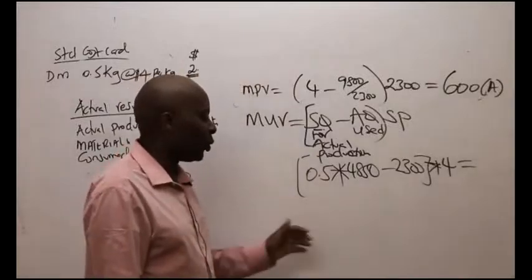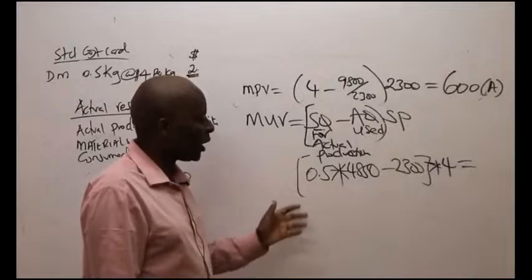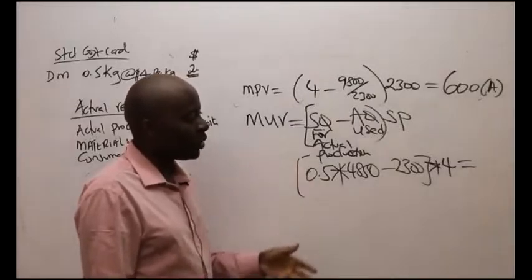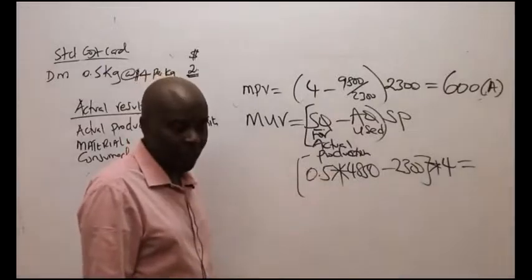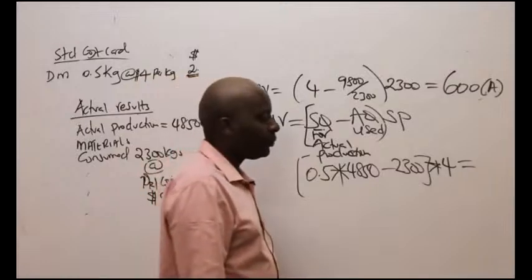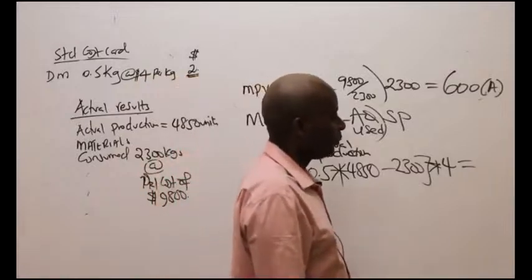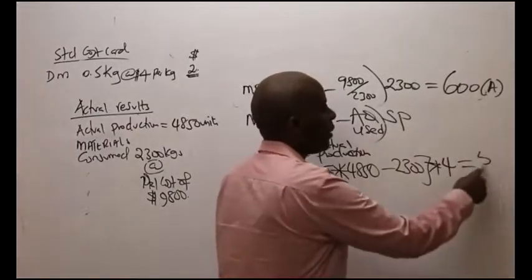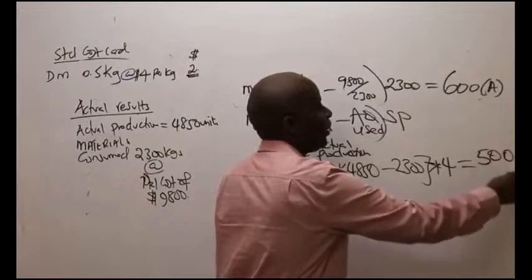So you get your calculator and say open bracket, 0.5 times 4,850 minus 2,300, close, times 4, please give us a figure. 500 favorable.